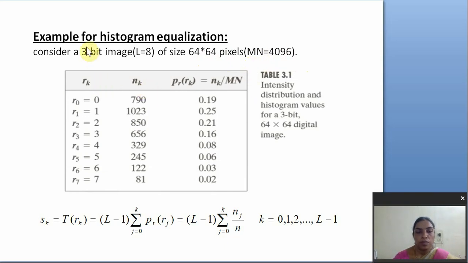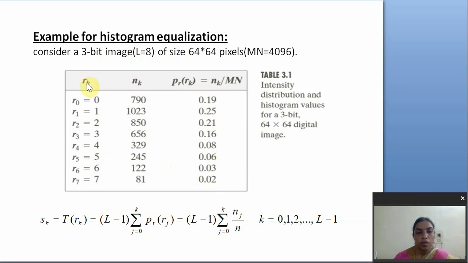Now, to apply histogram equalization on this image to get the enhanced image, we should establish a table like this. Actually, this table is given, so we directly take it.